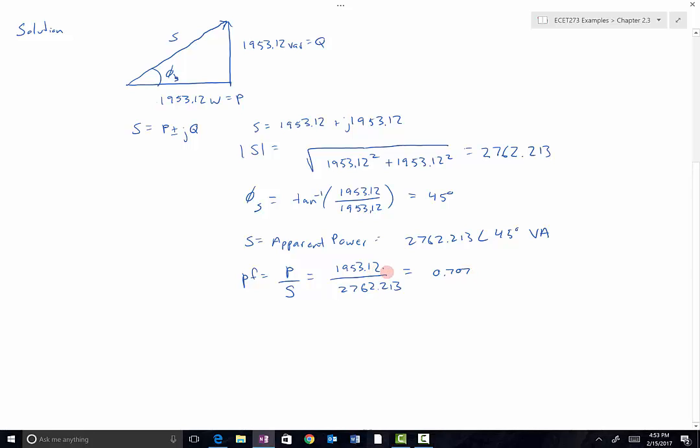Since it's a division of watts over volt-amps, although they have different names, they really represent the same thing, so those units cancel, and we get 0.707.